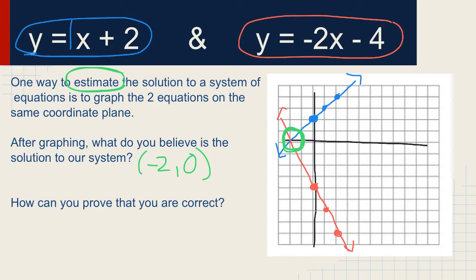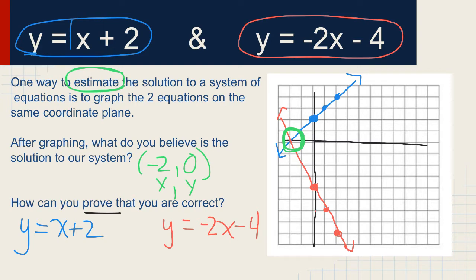But then here's my question: how can I prove that I am correct? Well, if my answer is (-2, 0), this is my x-coordinate, this is my y-coordinate, I could simply take my blue equation from up above and my red equation from up above, and substitute my x value and my y value into those equations and see what happens.